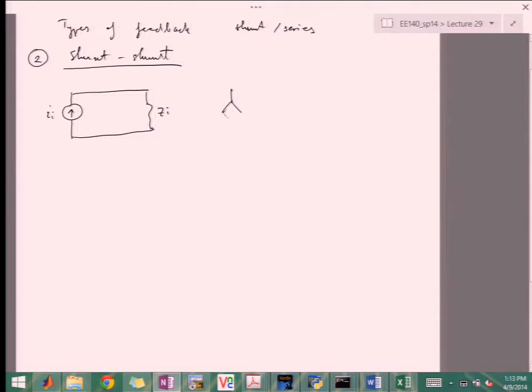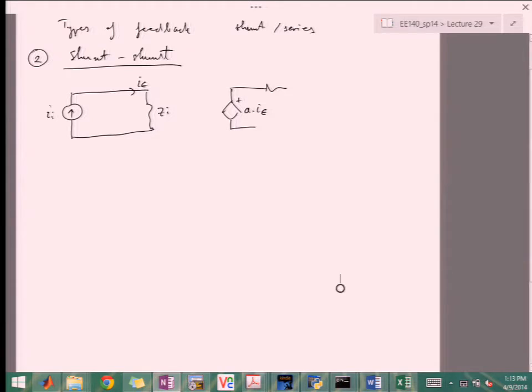And then the control source is A times I error. A is now a transresistance because it turns the control current, or error current, into the voltage.